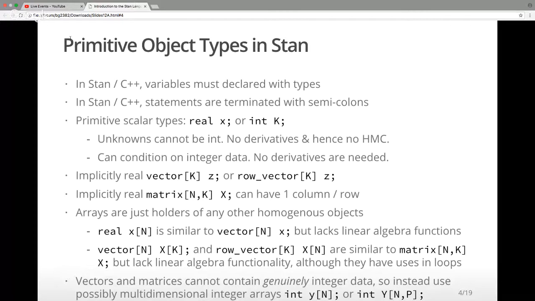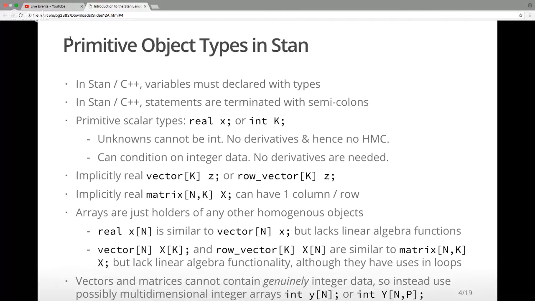And so usually you would just declare it as an n by k matrix, and then you could do matrix algebra stuff on it, whereas you can't do matrix algebra on X. But if you index X with 1, 2, 3 or whatever, then that would be pulling out a vector, and you could do matrix algebra stuff with the underlying vectors that are in the elements of the array X. But you can't just say X and then multiply it by another matrix. You'll get a syntax error saying, I don't know how to multiply an array and a matrix together.